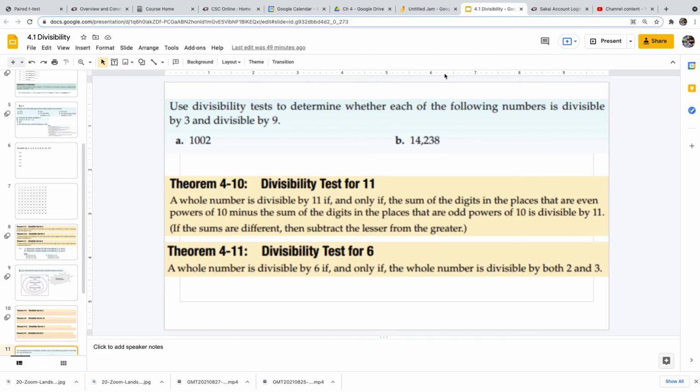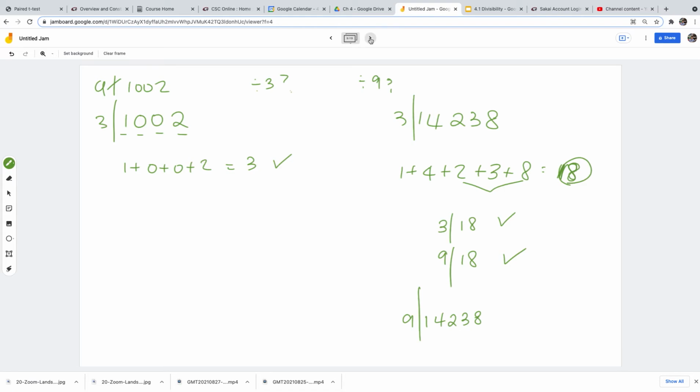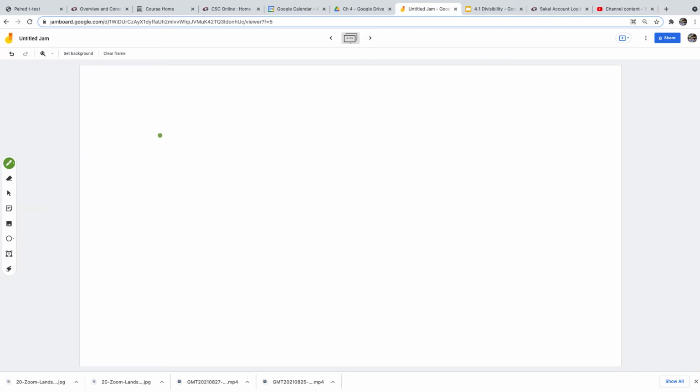Okay, so I'm going to bring the Jamboard here. So we have two numbers, 1002 and 14,238. For the divisibility test by 11, you're going to look at the digits in the even powers, add them together, 0 plus 2.